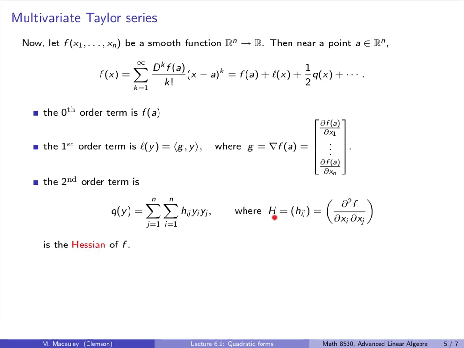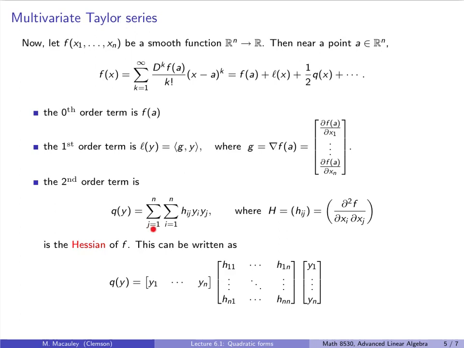Well, H is this matrix of second partial derivatives. Does this ring a bell now? It's called a Hessian matrix. It is a symmetric matrix because the order that you take the partial derivatives does not matter. Remember that f_xi xj equals f_xj xi.